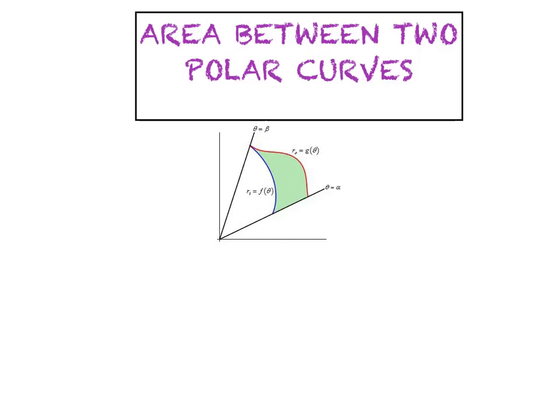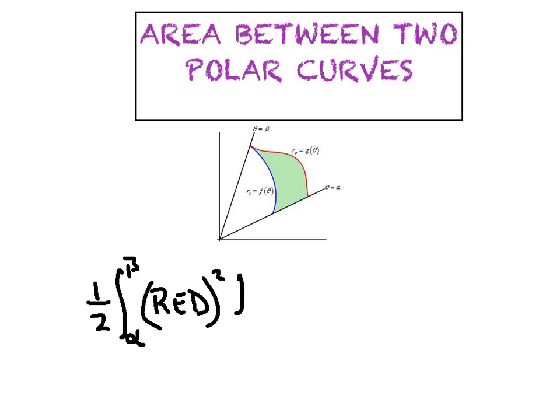But as far as we want to find the area between the red polar curve and the blue polar curve within the finite bounds of alpha to beta here, generically, here's how we're going to set this up. The first integral I'm going to set up, we're going to integrate from alpha to beta, and I'm going to do just the red curve. In fact, I'm going to write red just because that's the easiest thing to do.